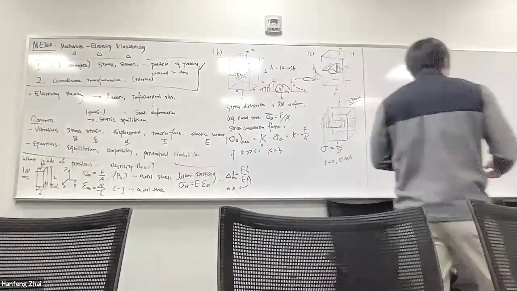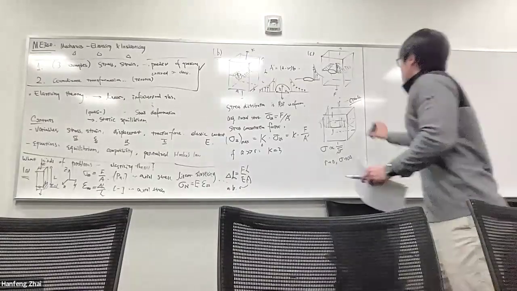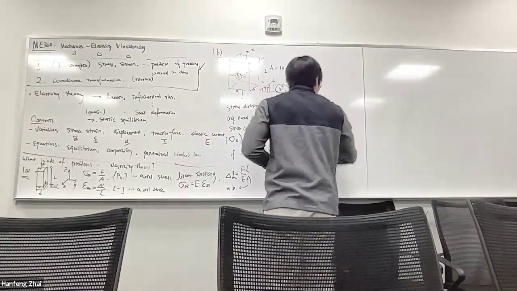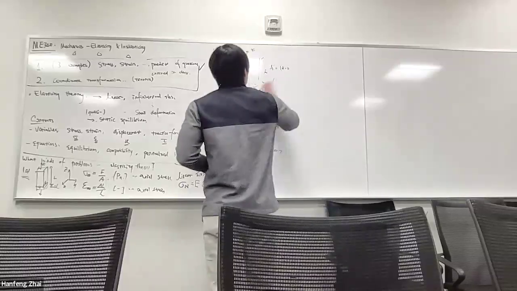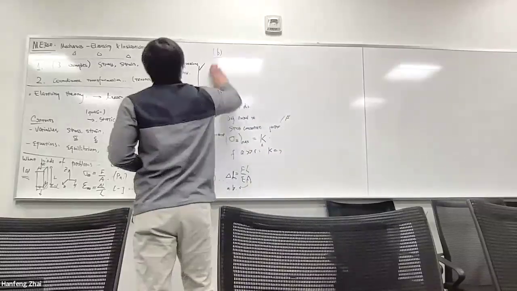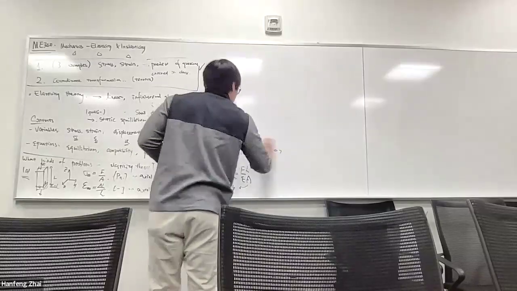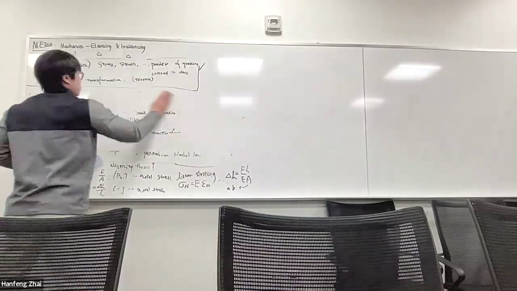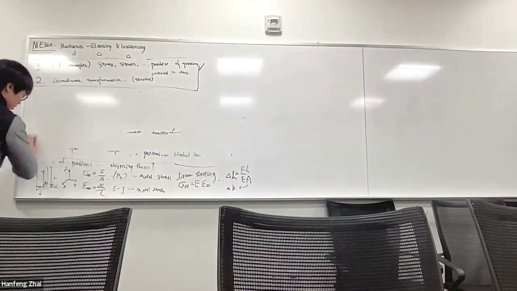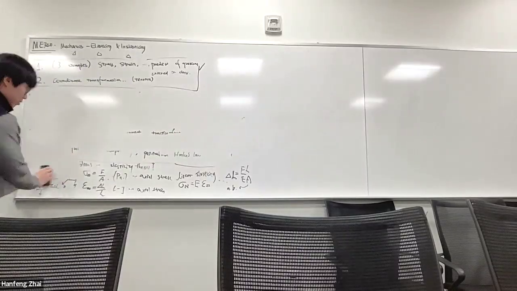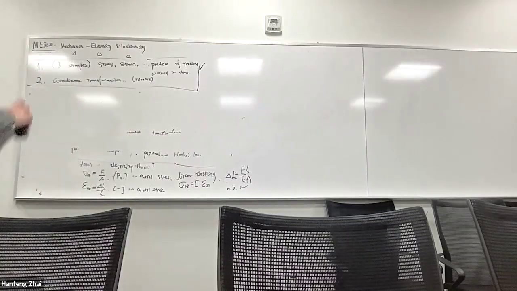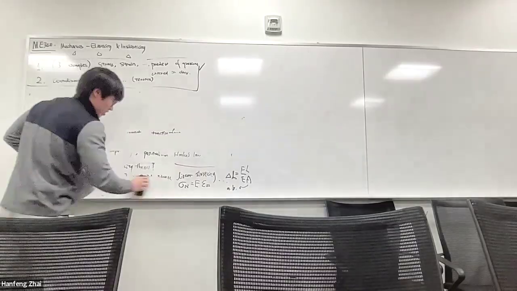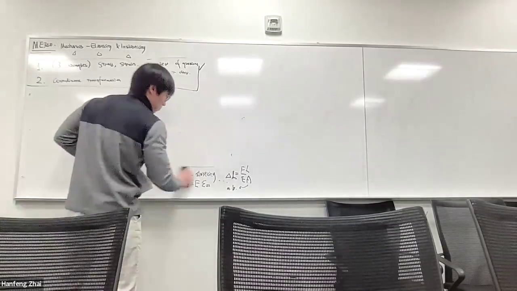Okay, now I'm going to do the second part. And in the actual lecture, I will take a picture of this before I wipe it. But for now, for the sake of practicing, we won't wipe it.